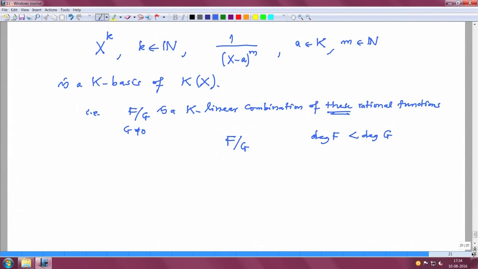And now remember that I am assuming k is C in this. This is very important. So I should write here the double-line k. Once you have assumed that, the denominator polynomial will split into linear factors.